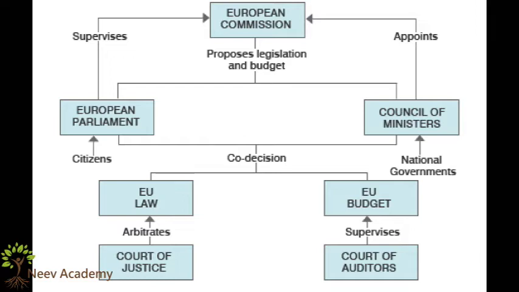European Commission is appointed by the Council of Ministers and supervised by the European Parliament. तो ये काउंसिल ऑफ मिनिस्टर्स, यूरोपियन पार्लियामेंट और यूरोपियन कमीशन मिला के लॉ बनाते हैं, relating to the 4 issues that we had talked about and the European Union budget. इस तरह से ये सब चीजें बनती हैं.